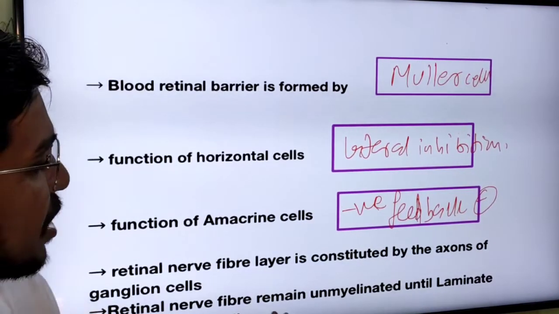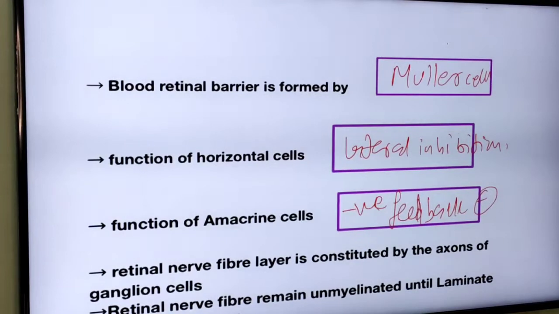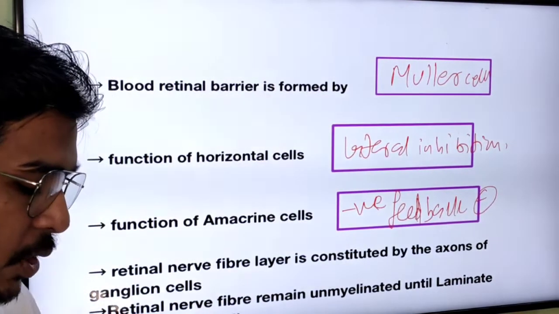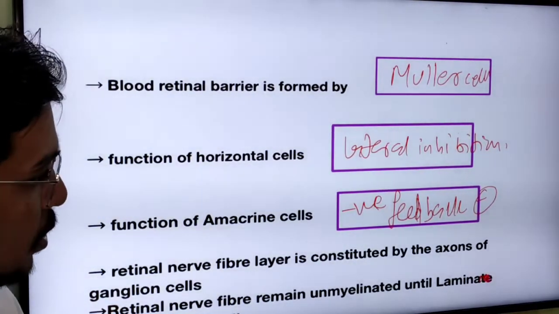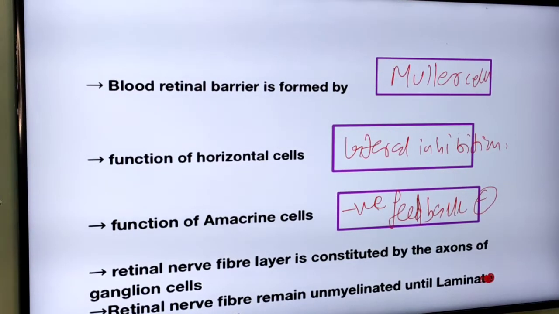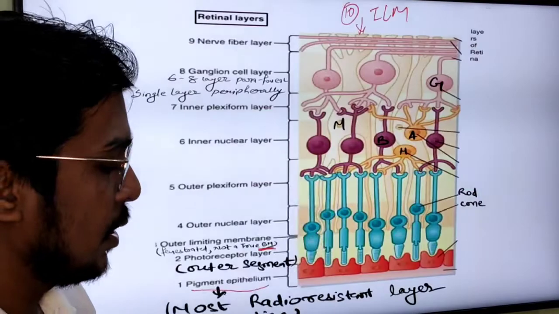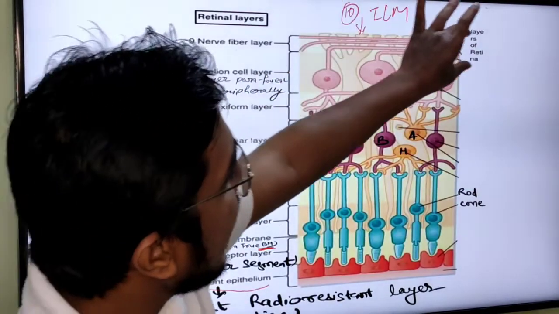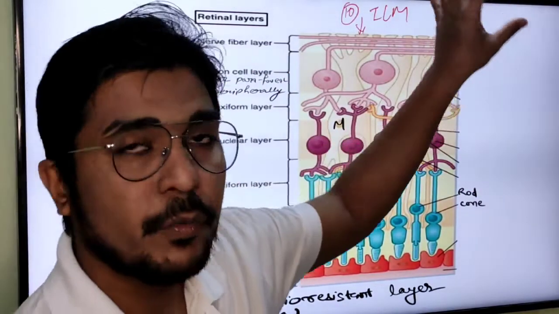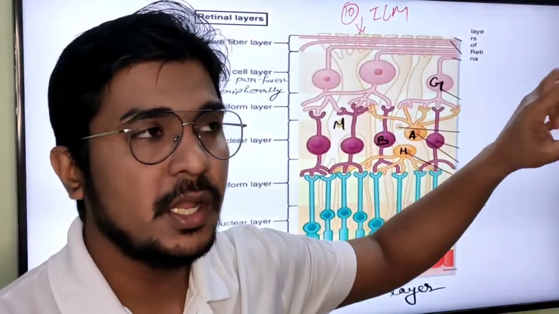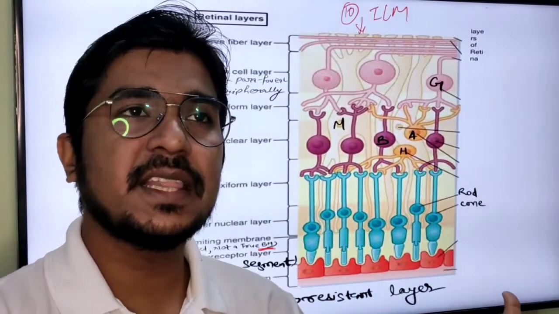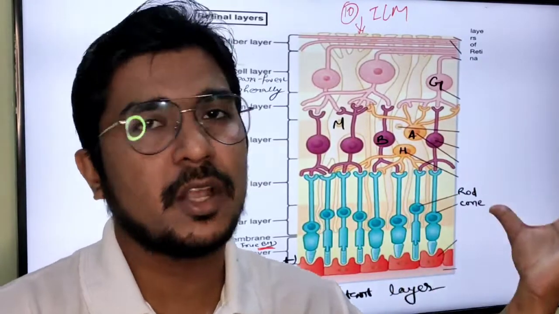The retinal nerve fibers remain unmyelinated until the lamina cribrosa of the optic disc. So when the nerve fiber layer goes behind the optic disc and reaches the lamina cribrosa, they start myelinating. So we can say that it remains unmyelinated till the lamina cribrosa.